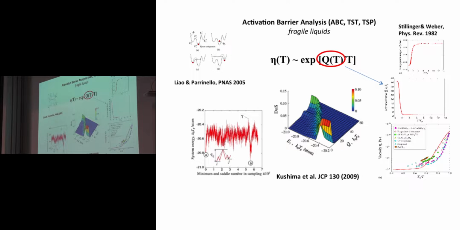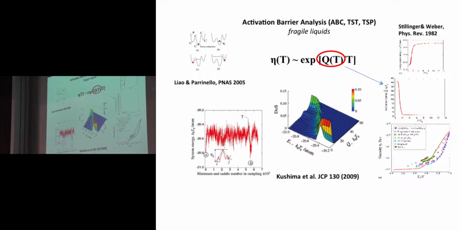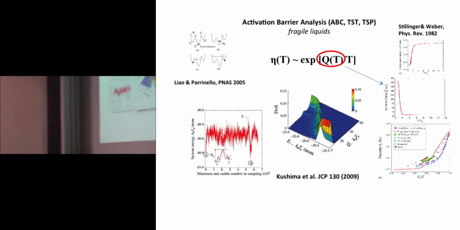Is this any good? Well, if you put this into this expression, you get this dotted red line here. So you get this line here, and here's the data. So you sort of capture the fragile behavior.